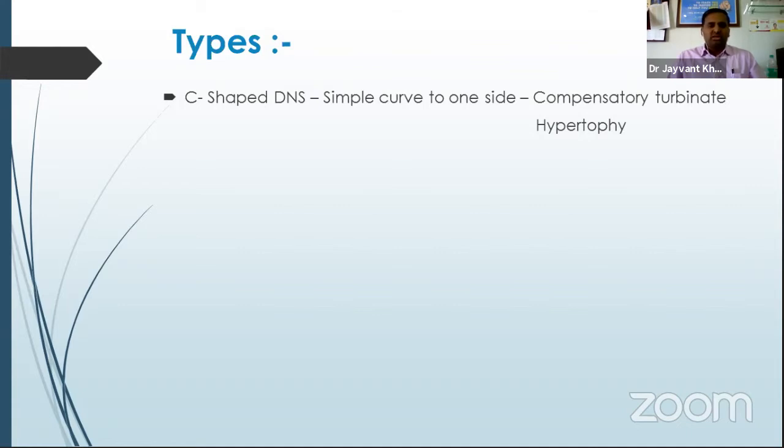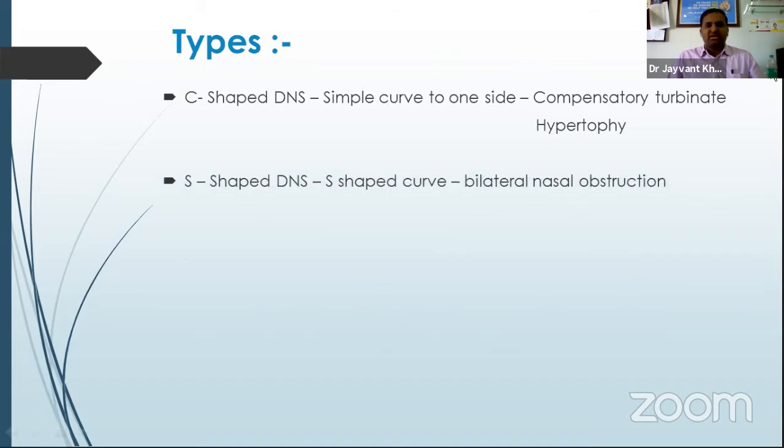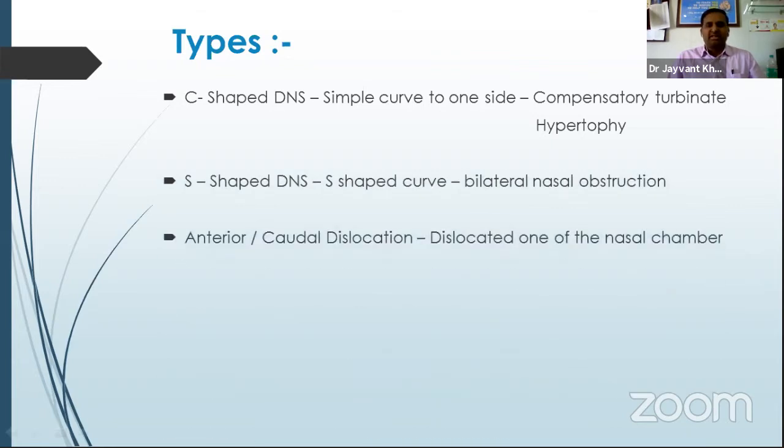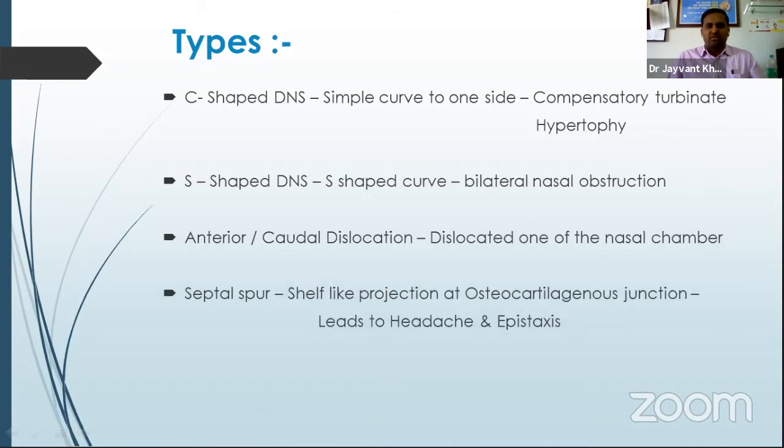So nasal turbinates work extra and hence compensatory turbinate hypertrophy is seen. S-shaped deviation: bilateral nasal obstruction. Anterior or caudal dislocation: one of the nasal chambers is dislocated, either left or right.